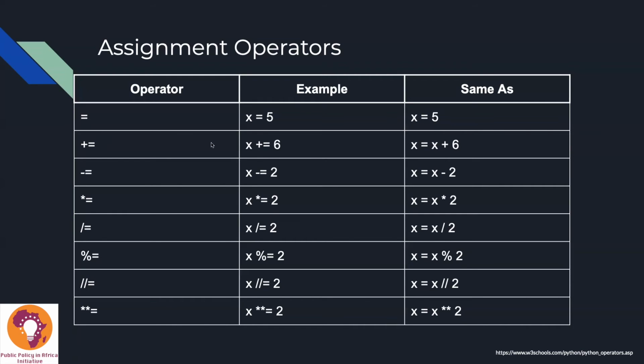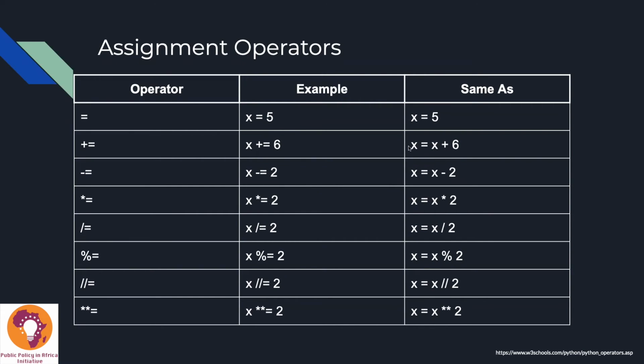So when you do x plus equals 6, you're taking the current value of x and then adding 6 to it and then storing it back in x. So that's why we have x equals x plus 6. It wouldn't work if I said that x plus equals 6 is the same as x equals y plus 6, because it's not the case.